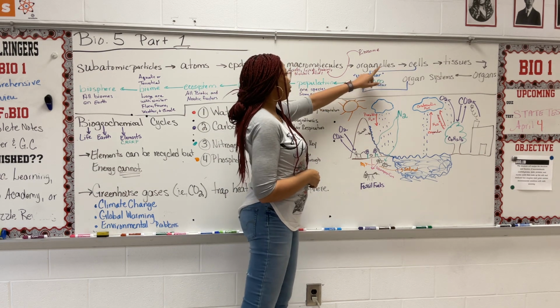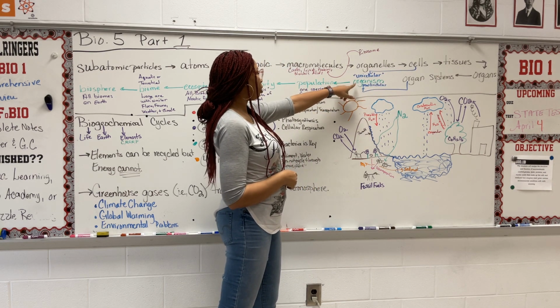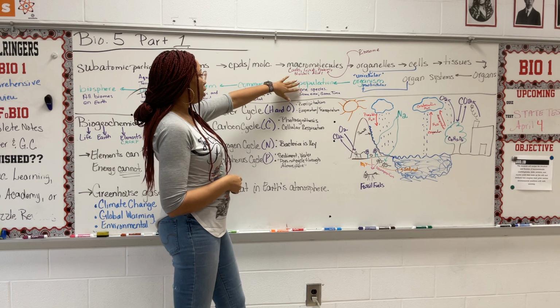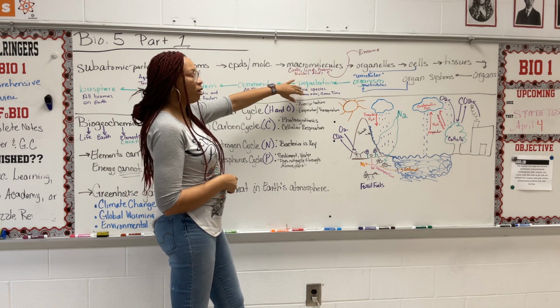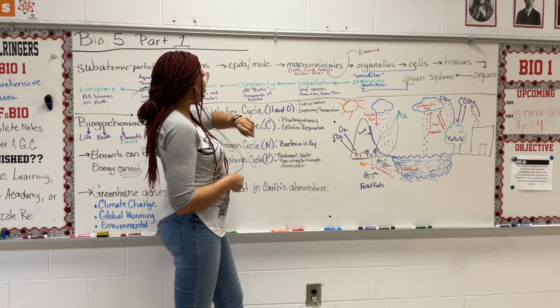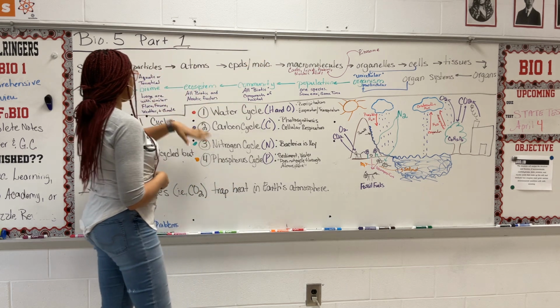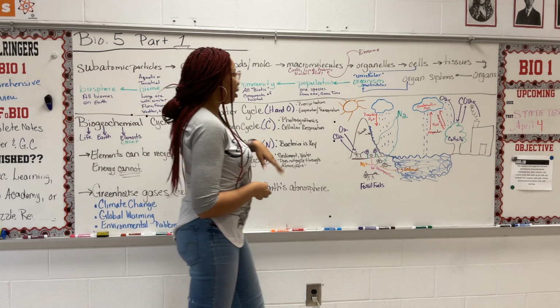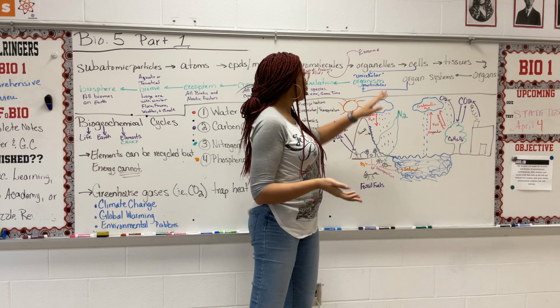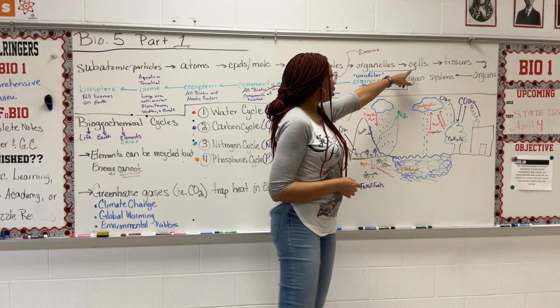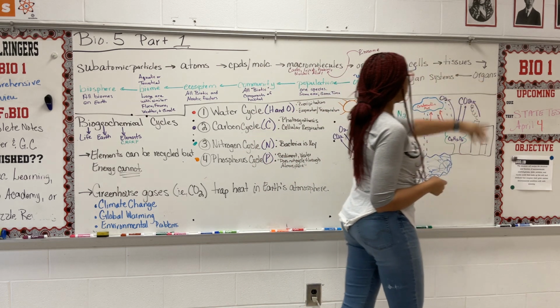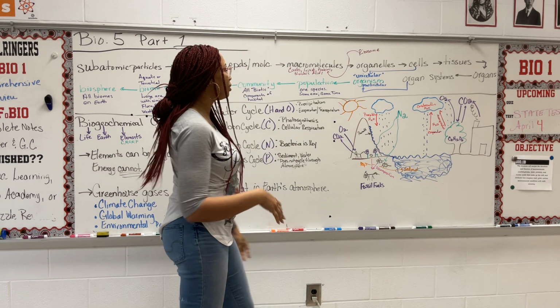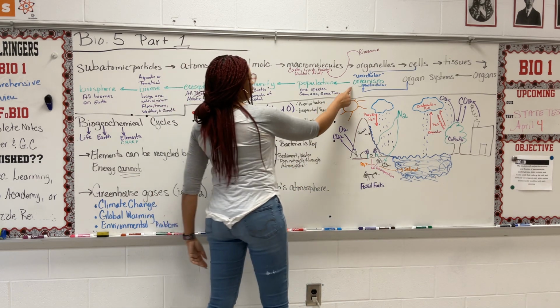So then we'll go from the cell, which is then the organism, and then if I get a group of that same species in the same area at the same time, that's called a population. Then community, ecosystem, so forth and so on. But if I have a multicellular organism, then those cells are going to combine to make tissues, tissues make organs, organs make organ systems, and then I have a multicellular organism.